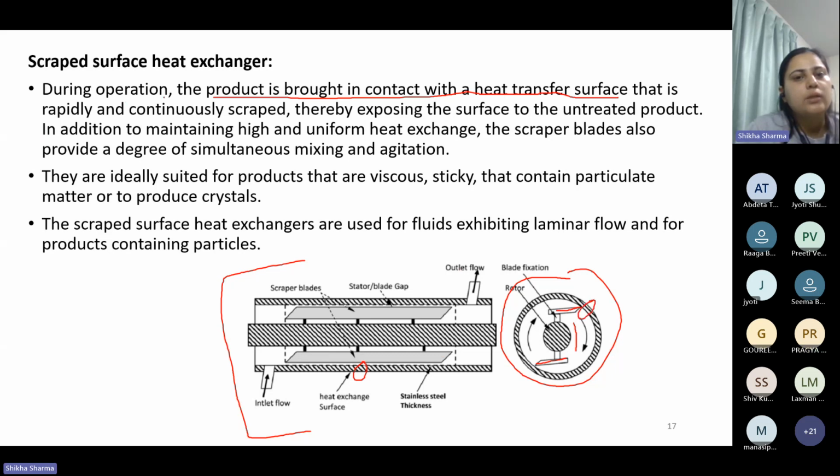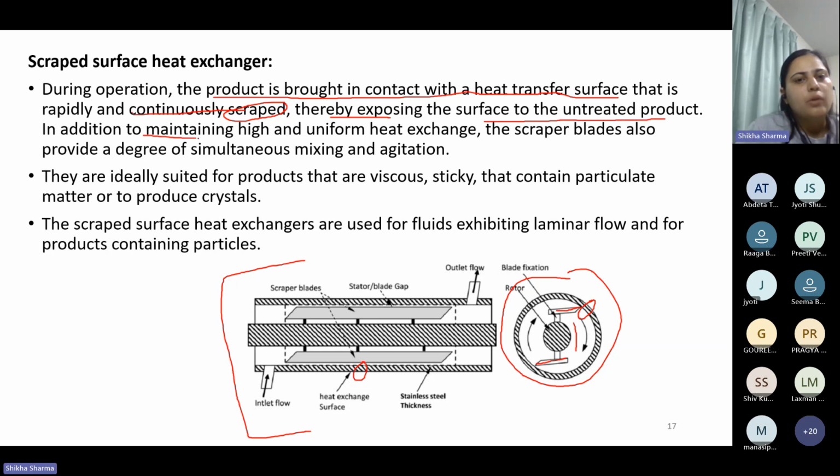So product will be in contact with the heat transfer surface that is rapidly and continuously scraped. That's why it is called scraped surface heat exchanger, thereby exposing the surface to the untreated products.